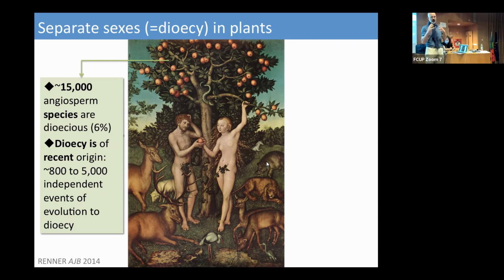The ancestor of all angiosperms was hermaphroditic with bisexual flowers. And phylogenetic studies have shown that there were about 800 to 5,000 independent evolutions towards dioecy.